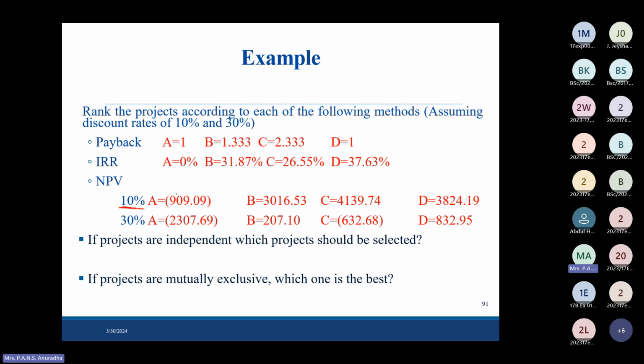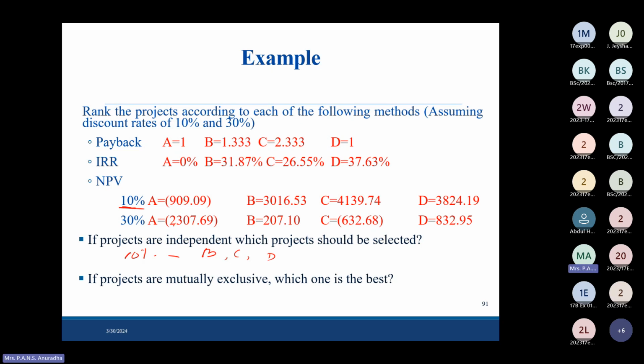At 10% cost of capital level, IRR for all other projects is greater than 10%, so all are okay on IRR. Also at 10% level, project A has negative NPV, all others are positive NPVs. Therefore at 10% cost of capital level, you can accept projects B, C, D.